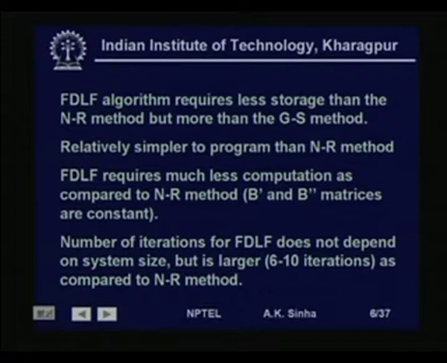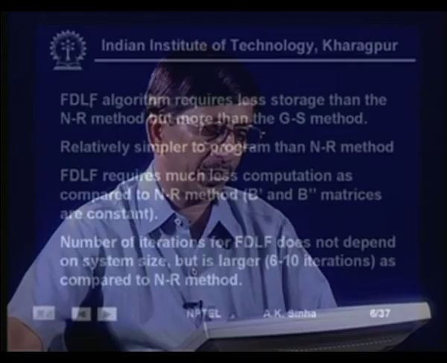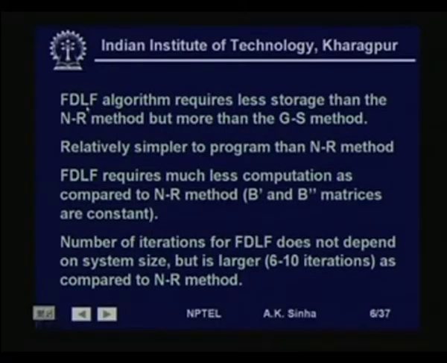But a variation of the decoupled method, which we call the fast decoupled method, is very much in use, because it requires much less storage than the Newton-Raphson method. Actually, since we have decoupled the real power and the reactive power equations, that is, the real power P delta equations and QV equations.